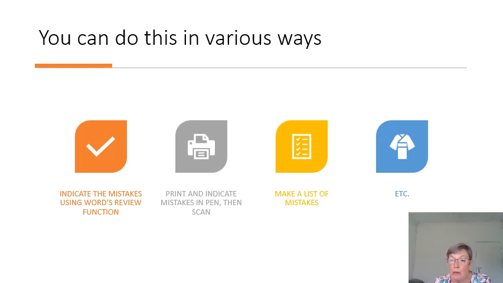And there's also a button that says Comment, and you can then add a comment. I will show you how this looks in real life in a minute. You can also, if you are not that electronically inclined, print out that assessment, indicate the mistakes in pen on it, then scan it in and include it in your final document.